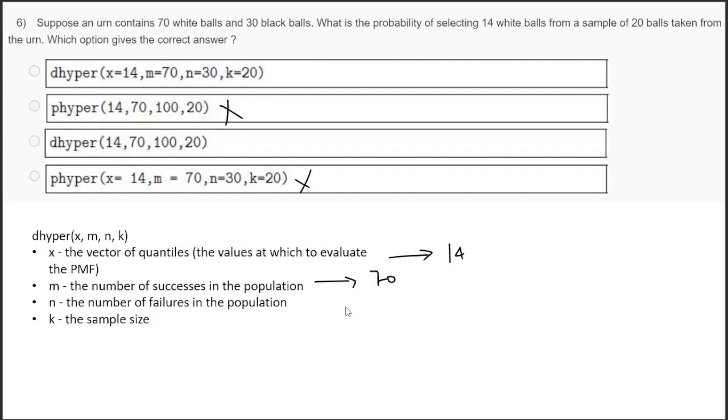And failure is when we get black balls, so 30 is the failure. Then the sample size: we are sampling 20 balls. So if you plug these things in here, A is the correct answer. C is also close to the correct answer when this becomes 30.